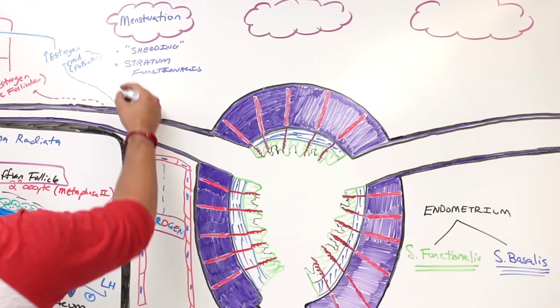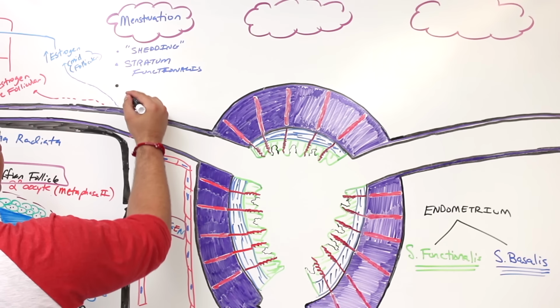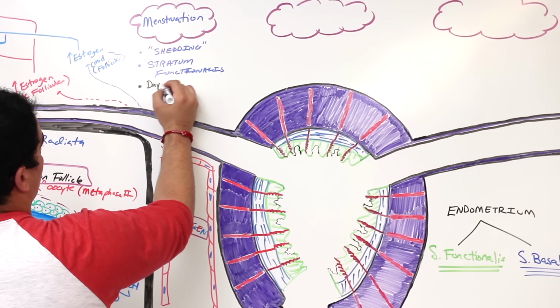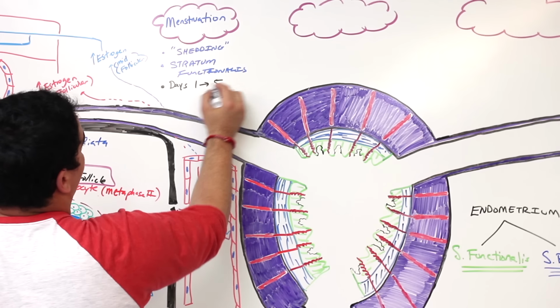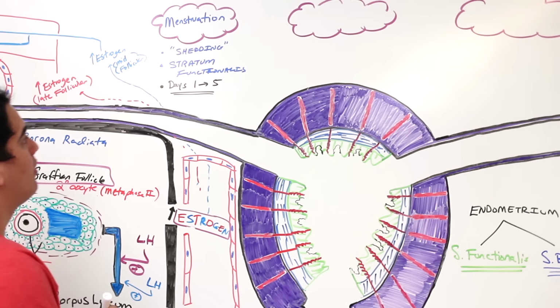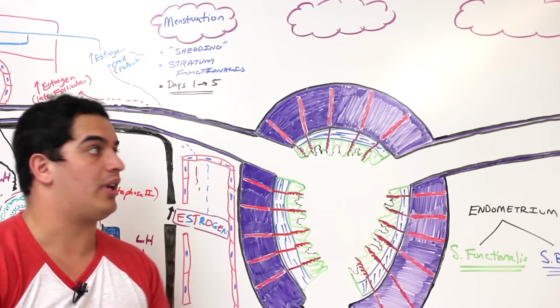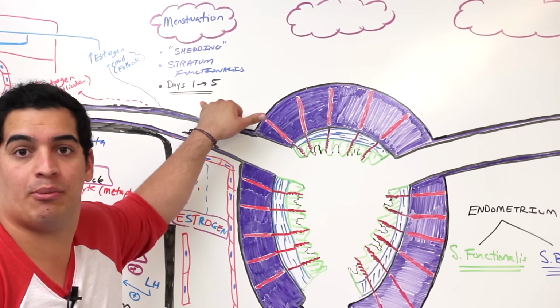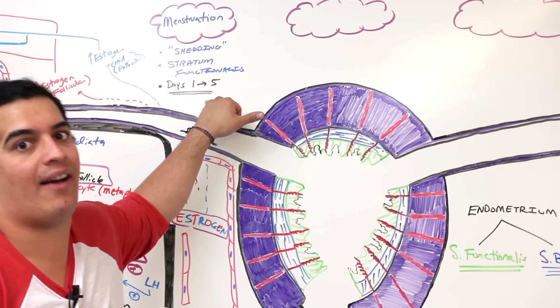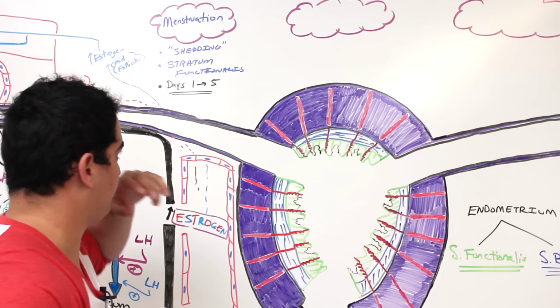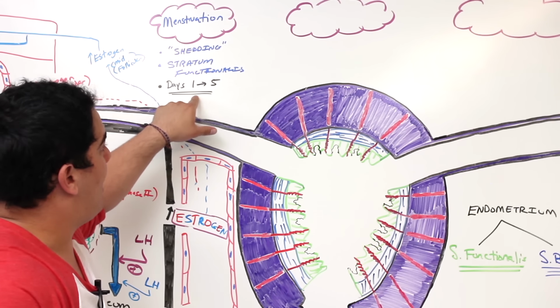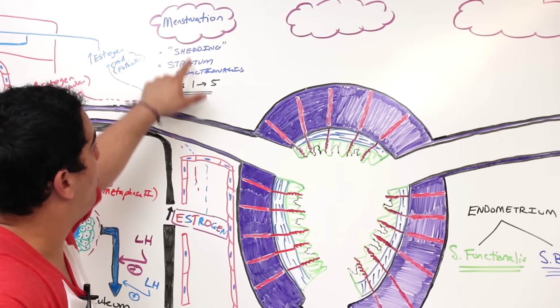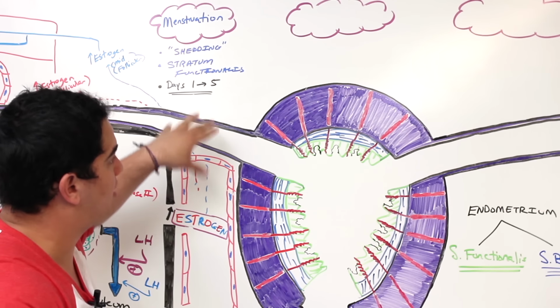Assuming an average, it's about days 1 to 5. Obviously, it could change from person to person, depending upon whether they have a normal menstruation period or heavy menstruation, menorrhagia. Days 1 through 5 is the period in which the stratum functionalis is being shed.